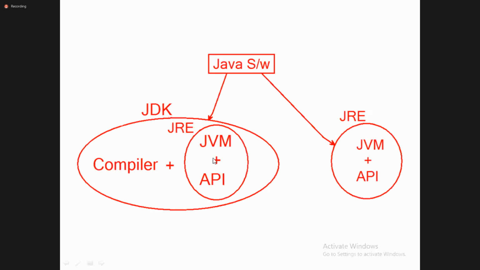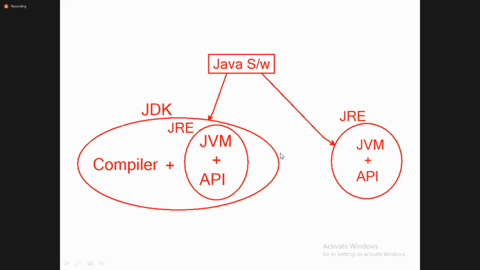You don't need to install JRE separately. As a developer, you should have the compiler and also JVM and API, all three required. But as a customer, JRE is sufficient, JDK is not required. JVM plus API is required.